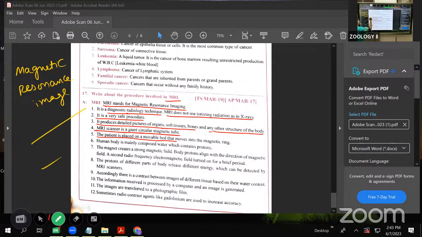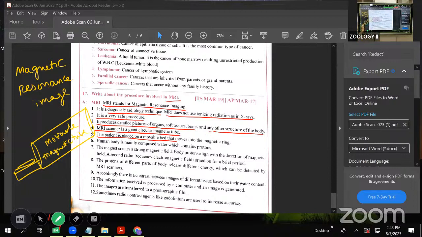The magnetic tube is actually the magnetic resonance. Here the movable bed is there. I'm roughly drawing the diagram for understanding purposes. Here the patient is placed. The patient is placed on the movable bed that moves into the magnetic tube.